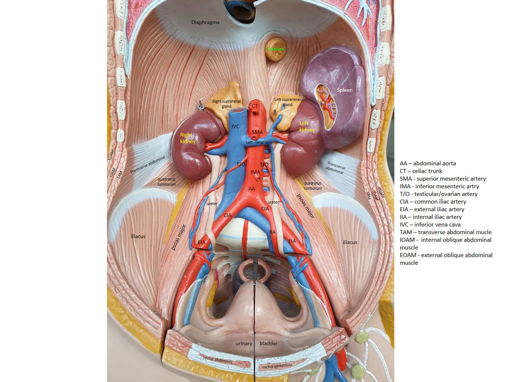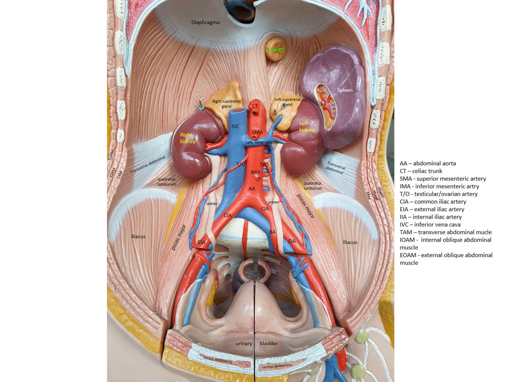Terminal branches of right and left common iliac arteries are external iliac artery and internal iliac artery. In front of sacrum, you will recognize unpaired parietal branch. It is the middle sacral artery. Tributary of the inferior vena cava are left and right renal vein and left and right testicular or ovarian veins.